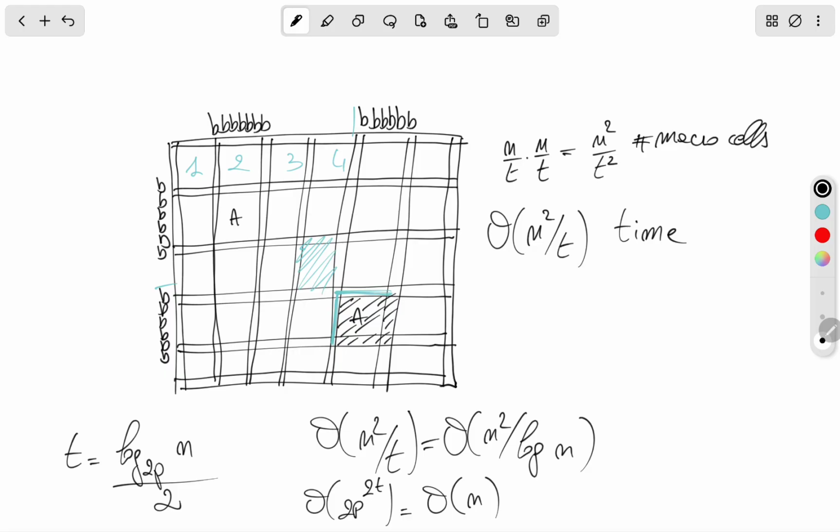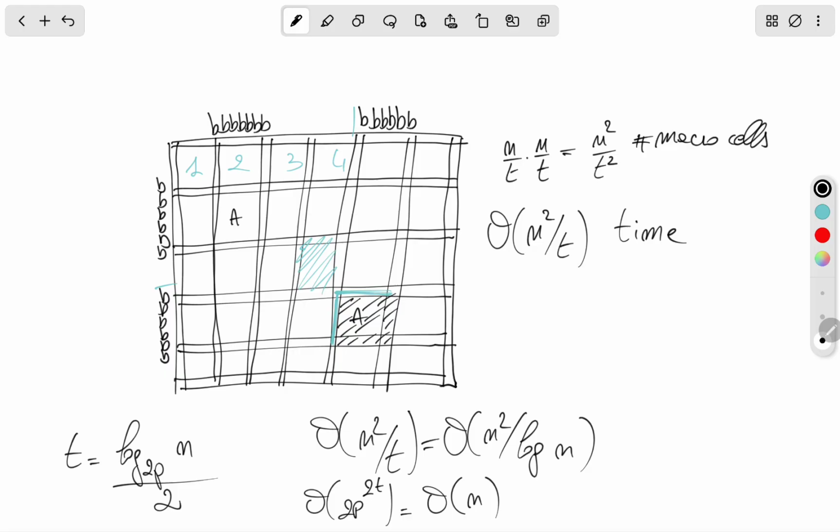And so it is hard to believe that this approach is going to be useful in practice if our value of t is actually something like log n.